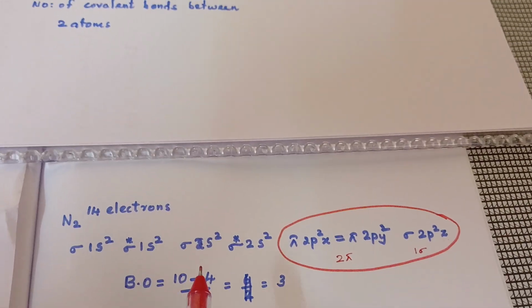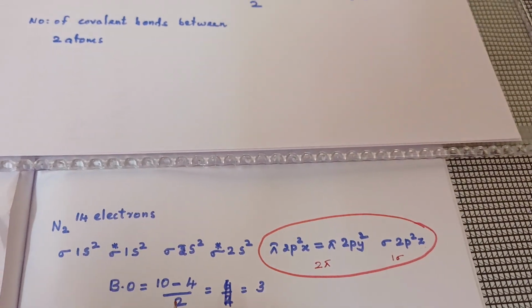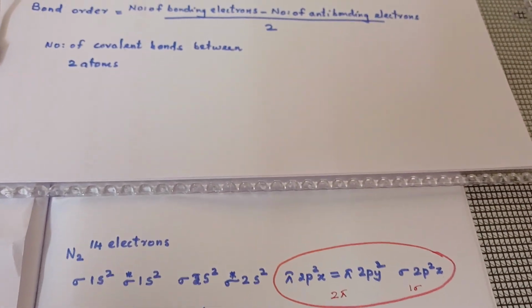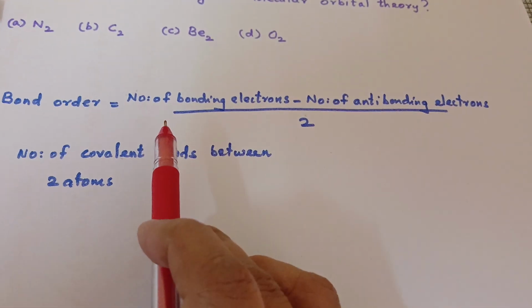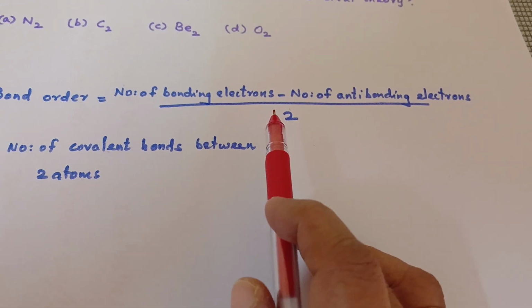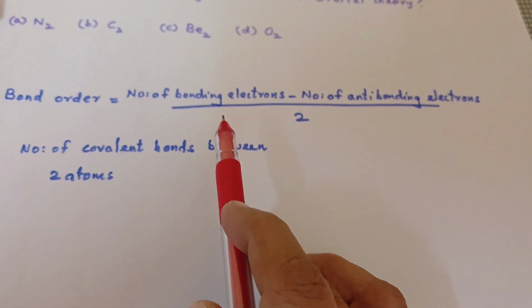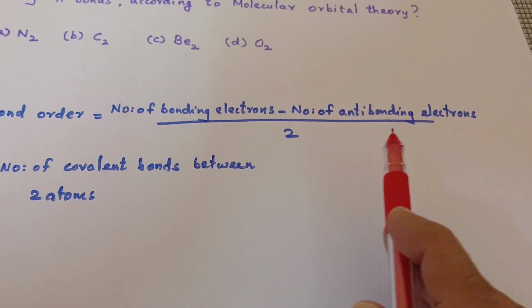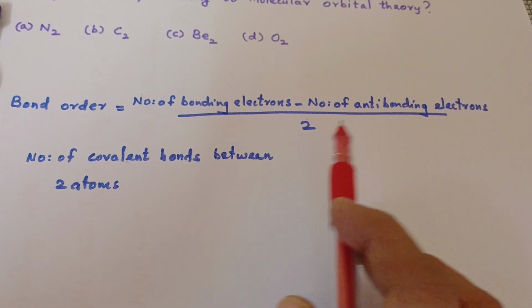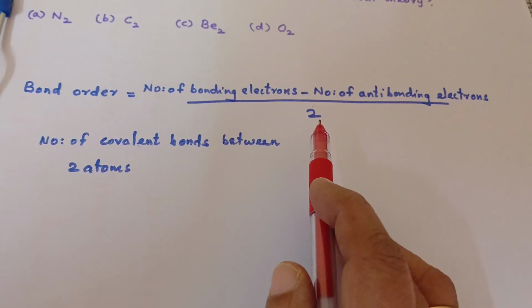So from this we need to calculate the bond order. That means bond order is equal to number of bonding electrons, that is number of electrons in the bonding orbitals, minus number of anti-bonding electrons in the anti-bonding orbitals, divided by 2.